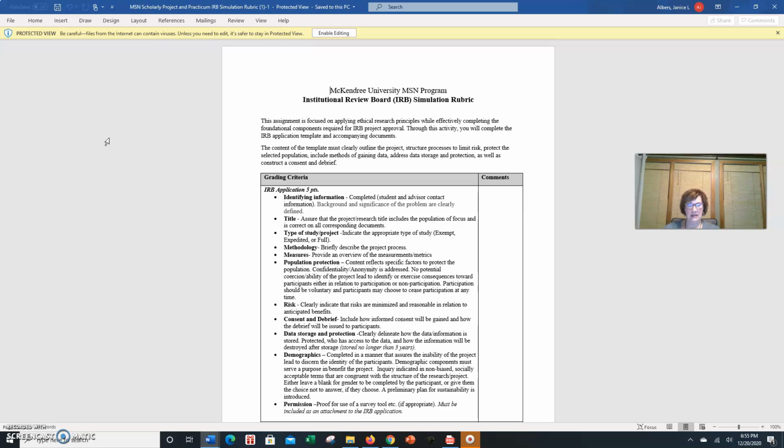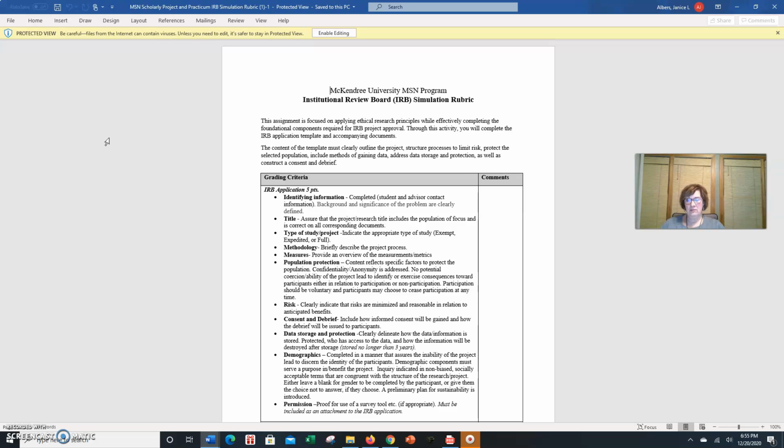But with that being said, the process of going through IRB is really valuable, not only for the here and now for the experience, but as you move forward, if you plan to publish or work with your evidence-based practice folks, there may be some studies that you will be involved with as a master's prepared nurse. So part of the reason that we're doing this is so that you have some experience to build upon when that presents itself as you move forward.